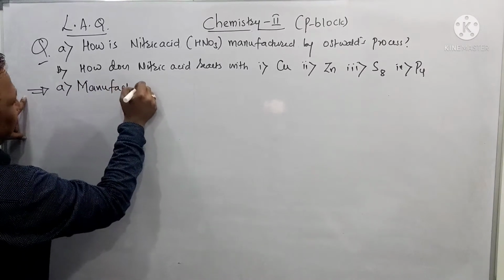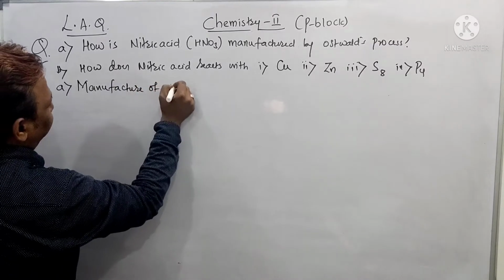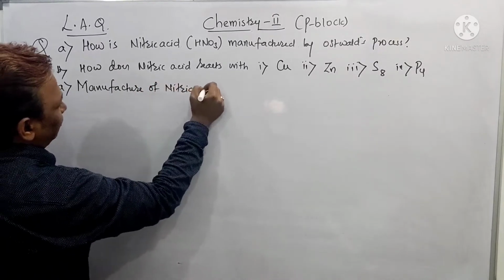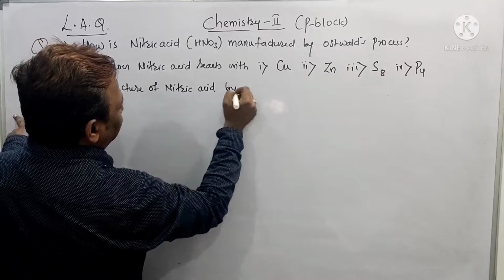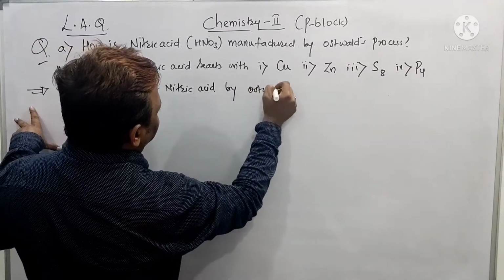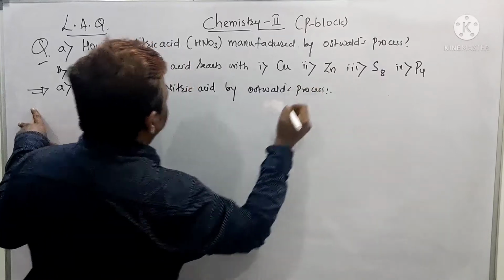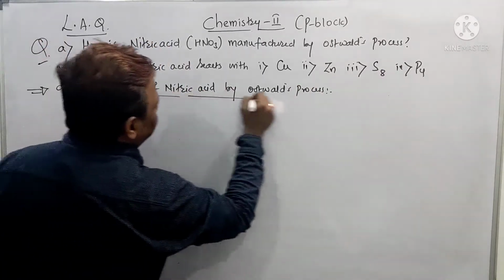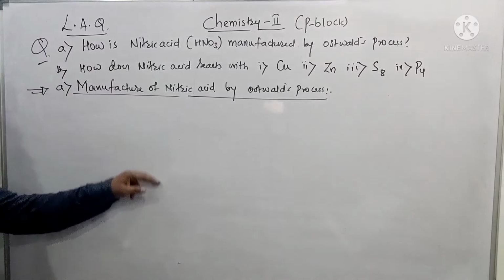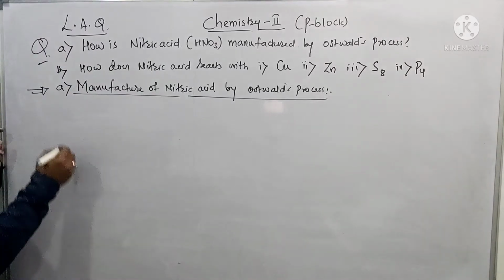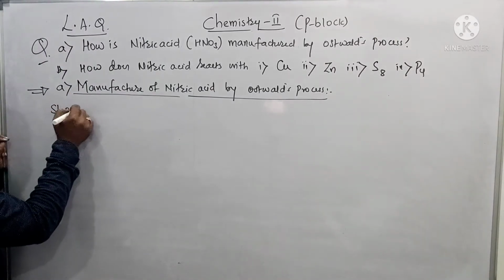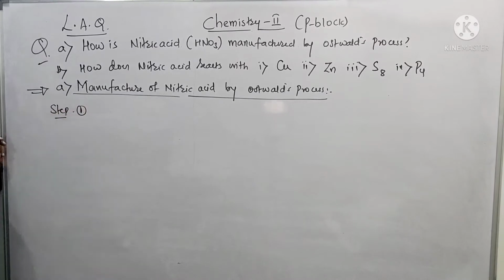So make a heading: manufacture of nitric acid by the Ostwald process. Sir, manufacture of nitric acid by the Ostwald process can be done in the following steps: step 1, step 2 and step 3.